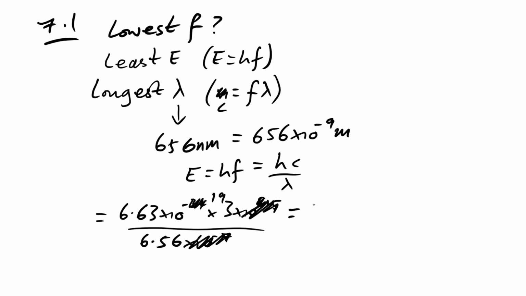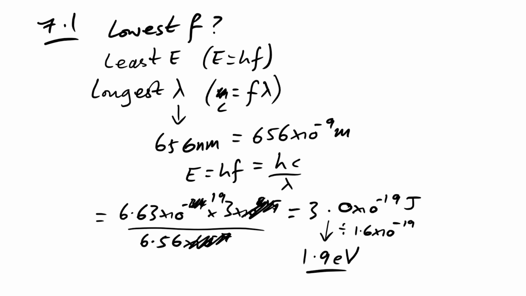So that gives us 3 times 10 to the minus 19 joules, but we need it in electron volts. Our conversion factor is 1.6 times 10 to the minus 19, but we want a bigger number because electron volts are smaller, so to convert joules we divide by 1.6 times 10 to the minus 19, and that gives us 1.9 electron volts.